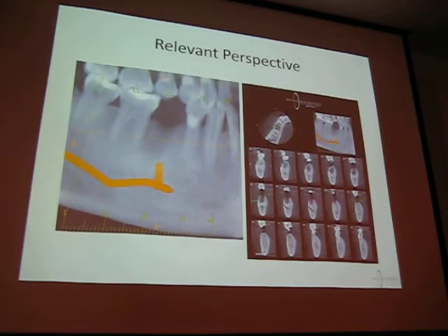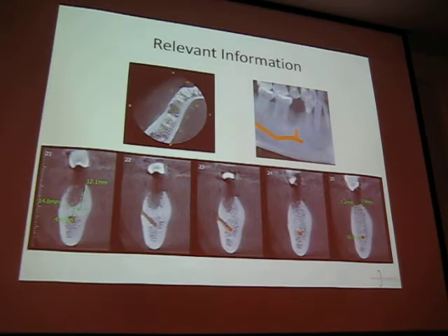It could be slight. It could not be. So right here, we're angled. This is back to implants. We're angled. And look how this changes. These are millimeter slices. Look at the difference in just 4 millimeters of what we've got to deal with. And you may not get that from the PA.